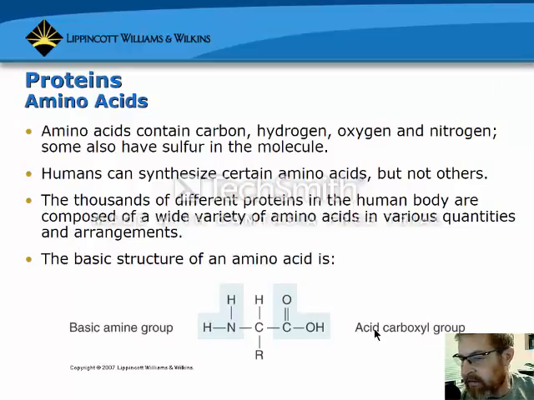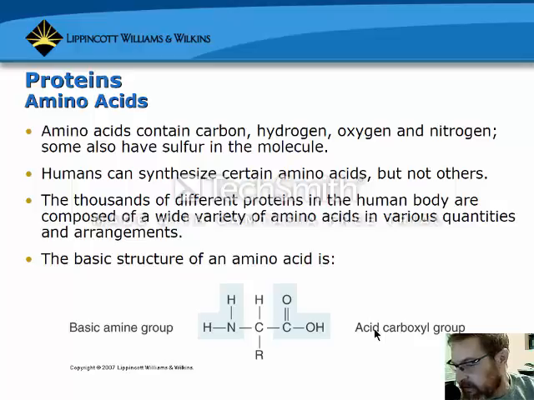So proteins are all combinations of amino acids. And you can see on the bottom of the screen there the generic structure of an amino acid. So you have a carbon in the very center. Then on the amino side, you have a nitrogen with two hydrogens. And on the carboxylic acid side, you have a carbon double bonded to an oxygen and an OH.